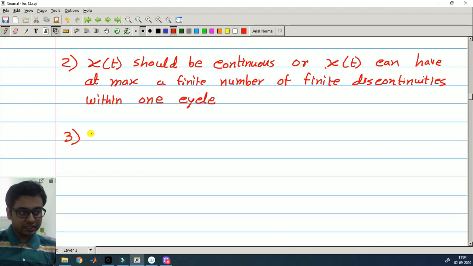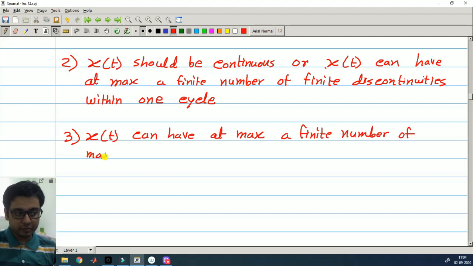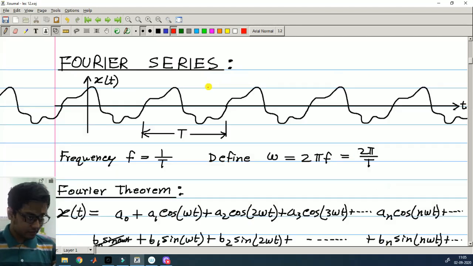Third condition is that x(t) can have at most a finite number of maxima and minima within a cycle. So it is not allowed to have infinitely many maxima and minima within one cycle. For example, this signal has a maxima here, minima here, another here.